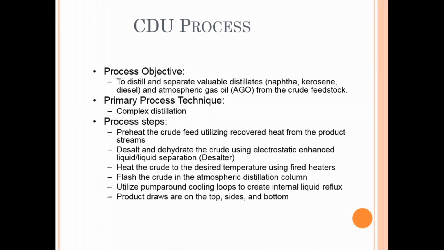The product stream is the line carrying the crude oil into the distillation unit. Then we carry out desalting and dehydration. The desalting removes the salt and sulfur content in the crude, and the dehydration removes the water content.